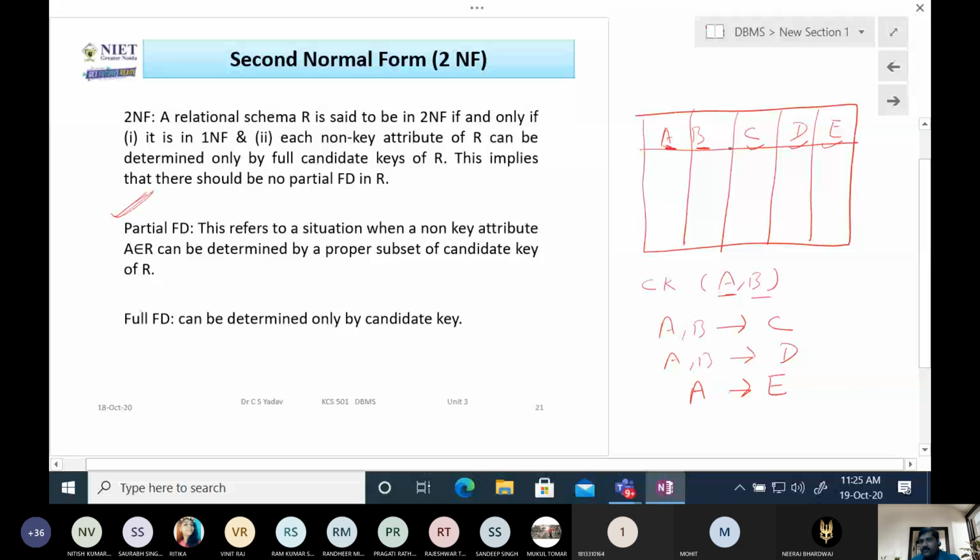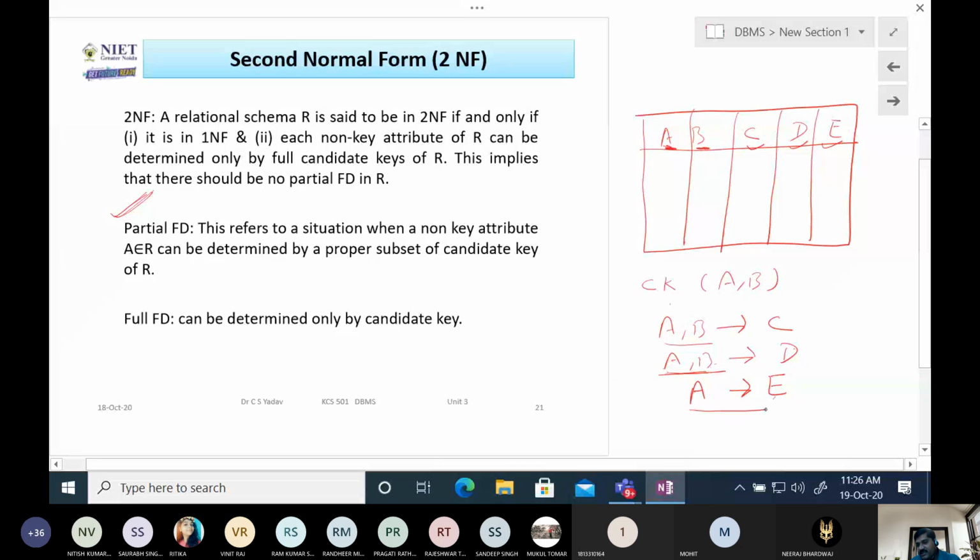According to the definition, all the non-key attributes are fully functionally dependent on the candidate key. So C is fully functionally dependent on the candidate key, D is also fully functionally dependent on the candidate key. But the non-key attribute E is dependent on a subset of the candidate key.